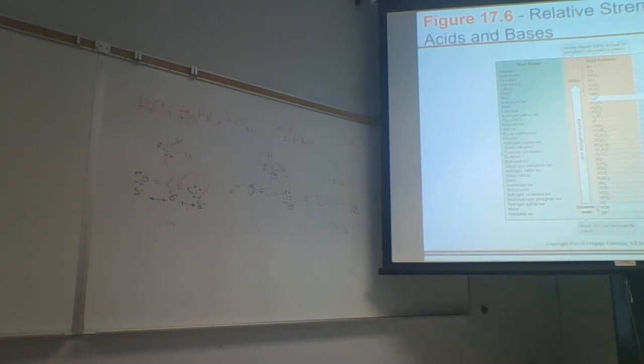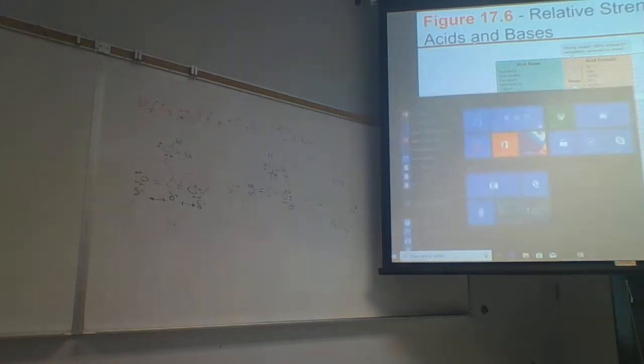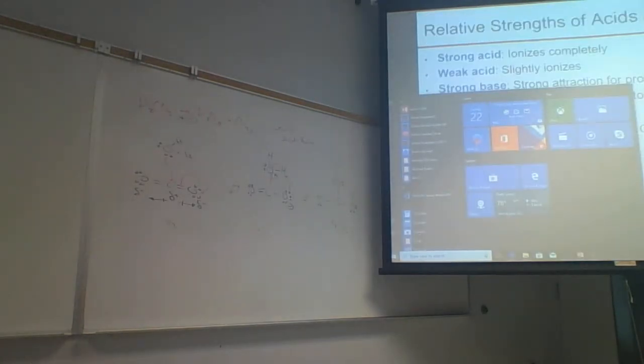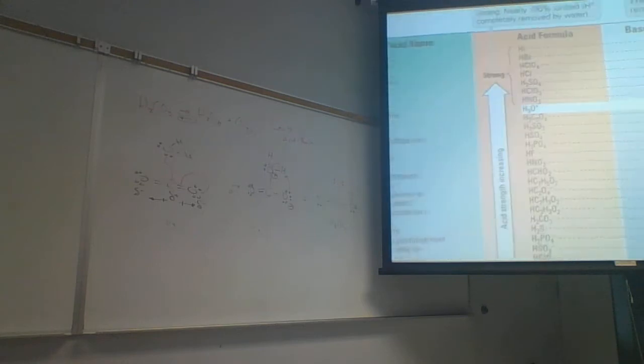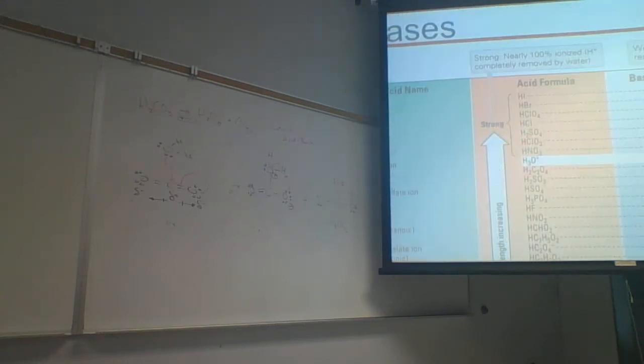So here's the acid-base chart from your book. It's pretty much the same as ours, except we have more bases. So let's take a look at their chart. At the top of their chart is HI. You remember what was at the top of our chart?